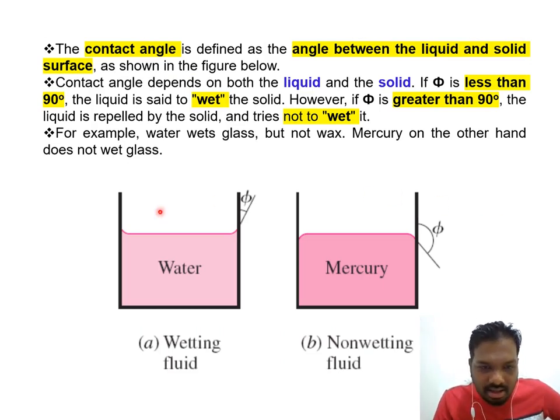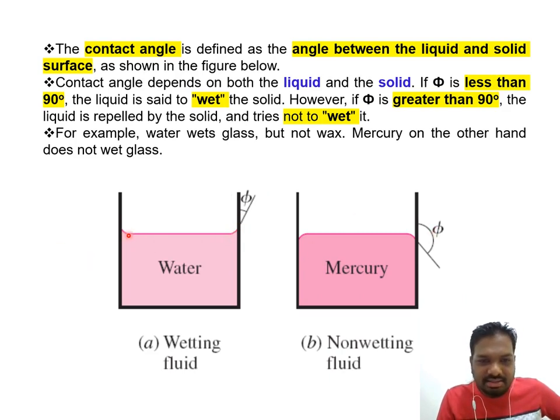When you have a material like water, the surface will be like a U. If you connect this line, you can see a certain angle here. We call it the wetting angle. But for certain materials, instead of the surface curving up, it will curve down.